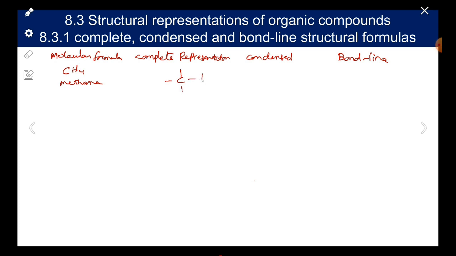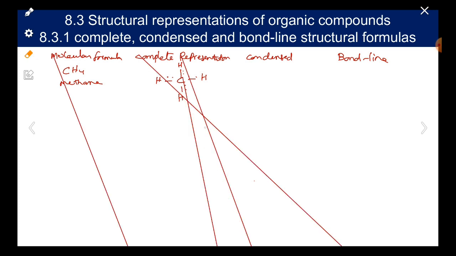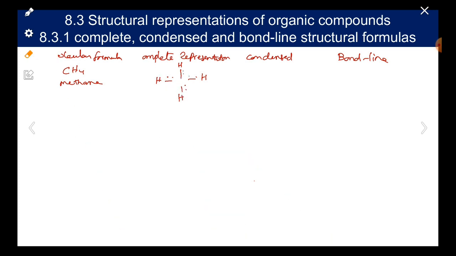You have to write all the atoms with the dashes. These dashes indicate that there are two electrons shared between the central atom carbon as well as the hydrogen atoms. Okay, so let's go to the next one.